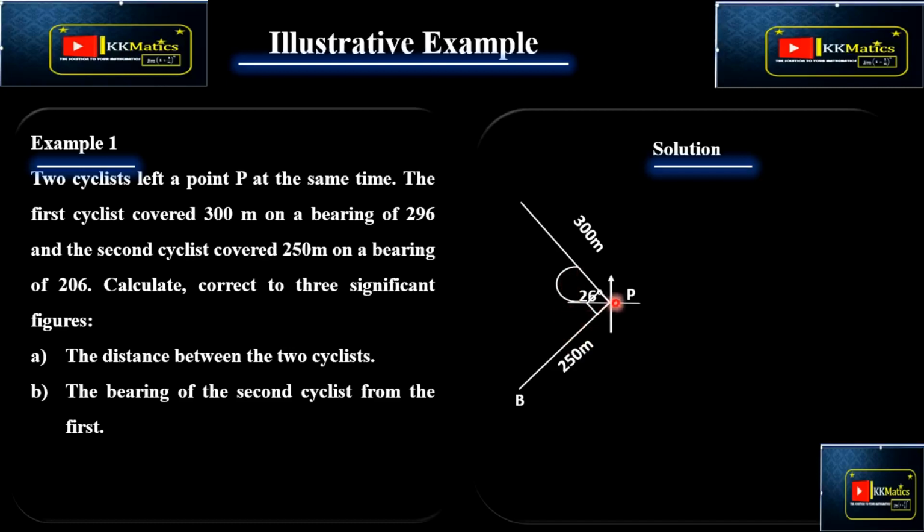The reason I'm saying so is that the measurement starts from 0 degrees, from the north at the top, all up to this line. This is 90, this is 90, making it 180. Then 180 plus what will give us 206.